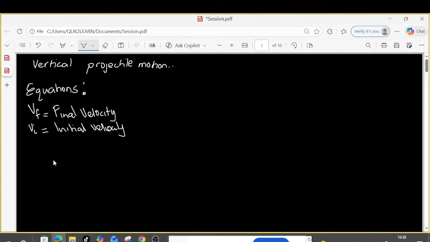When I say displacement, most of the time we can call this delta y or delta x. This will depend on how the object is moving. Is it up or down? So delta x and delta y, this is your displacement, okay?